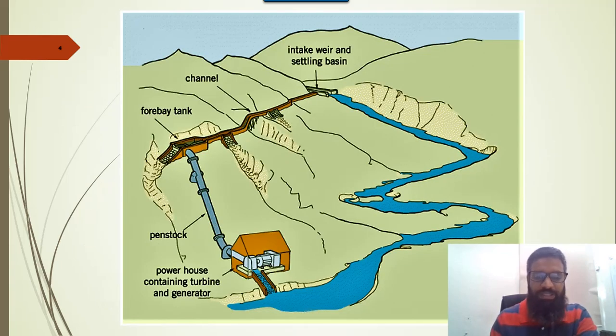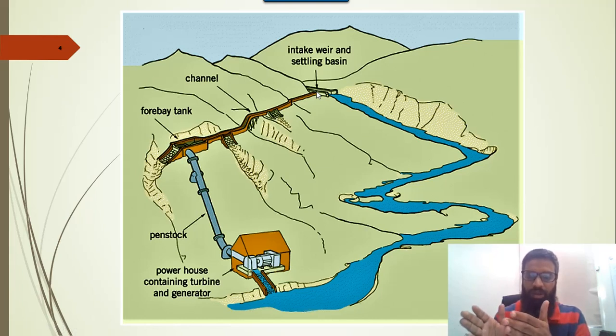So this is the basic structure of a hydro power plant. This is the main water line where the water is flowing. We take some of the water by developing a concrete structure, which is known as a channel, and divert the water flow to a certain path where we develop a small tank which is known as the forebay tank, and from that forebay tank we divert the water to a small pipe.